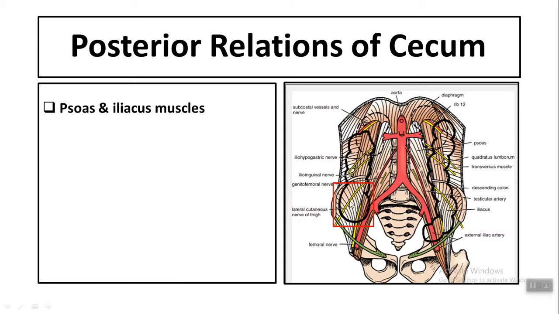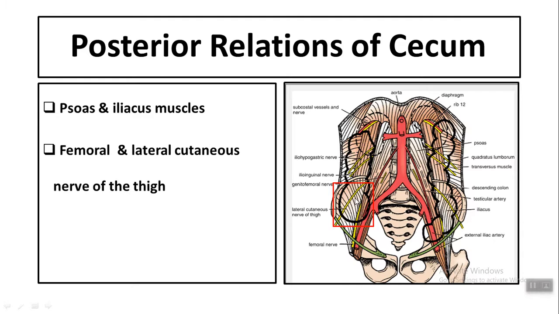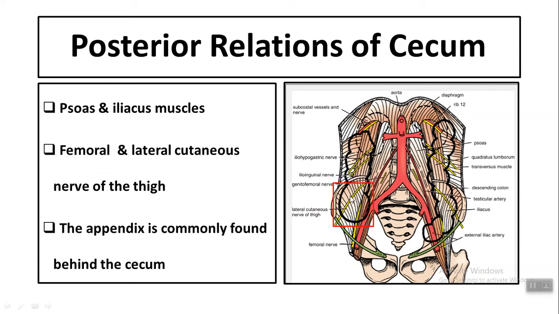It is related to the posterior abdominal wall, which includes the psoas and iliacus, the femoral nerve and the lateral cutaneous nerve of the thigh, and the appendix that is commonly found behind the cecum in the retrocecal recess. These are the posterior relations of the cecum.